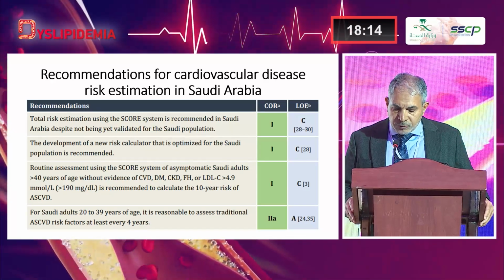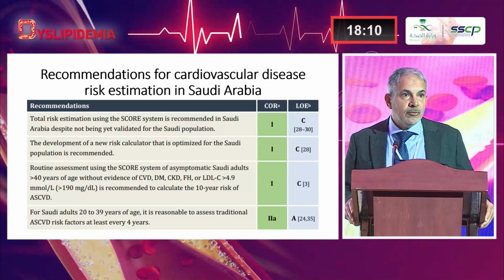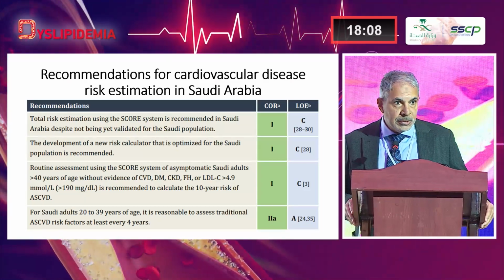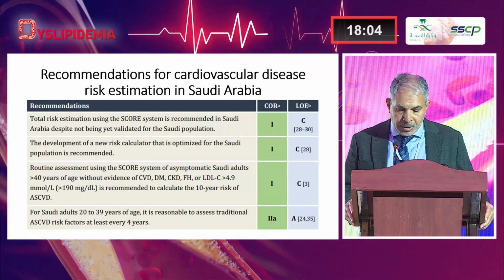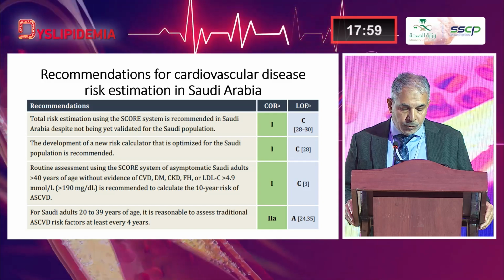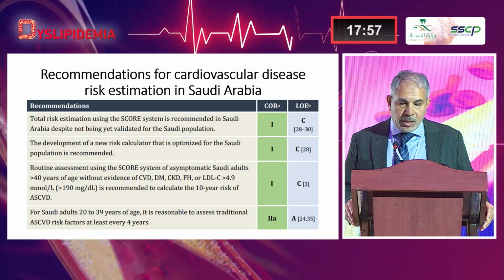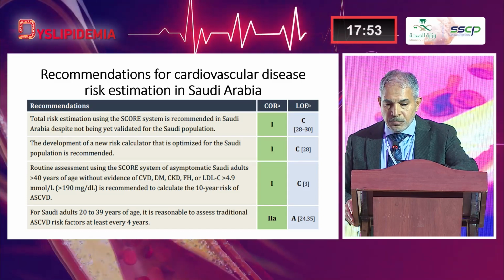We advocate the routine assessment of the SCORE system for any individual who has not developed the disease and who's not diabetic, who has reached the age of 40, because this is where the evidence exists. For those who are younger, we advocate just assessing risk factors serially.